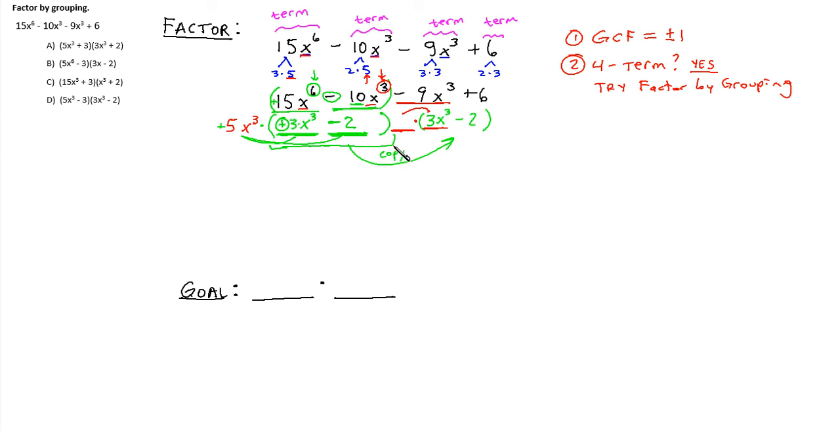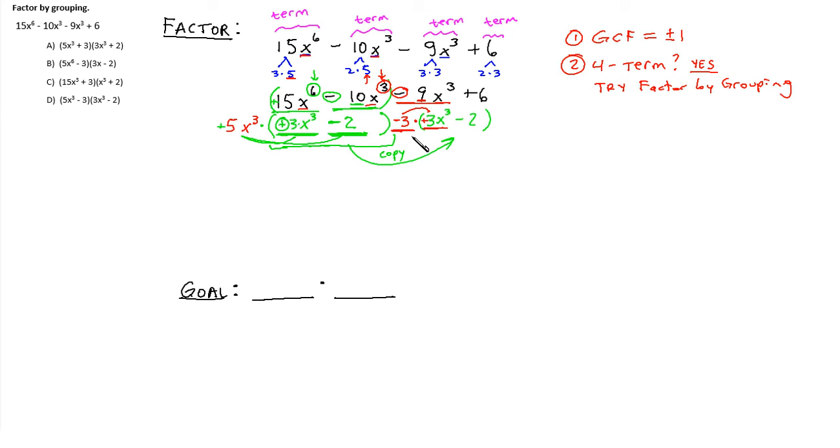What would we need? Signs, numbers, variables, anything we need to put in this red blank. Well, this 3x cubed is positive, so we definitely need a negative times this positive to make negative. Then we need a 3 times 3 to make 9, and the x cubed is already in this blank, so we don't need any more x's in this red blank.